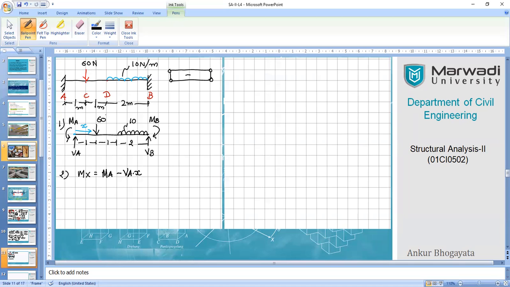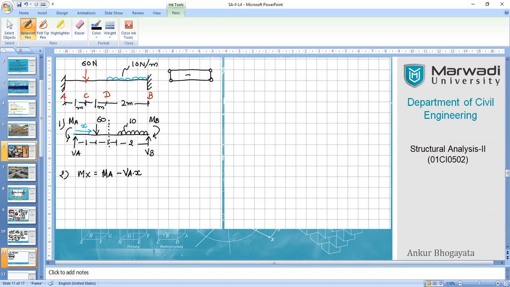Then we have a new family member, that is 60 Newton, in our journey from A to B. According to Macaulay's method of generating the equation, we will place its sign first and then separate it. So we have 60 Newton, and if I extend this X, it will be somewhere here.